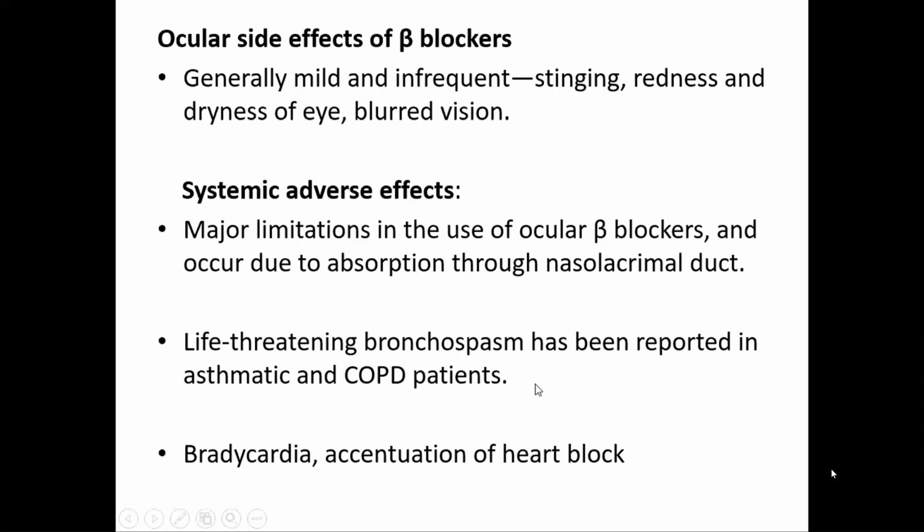Why these life-threatening effects? Beta 2 receptors are also present in the bronchioles of the lung.